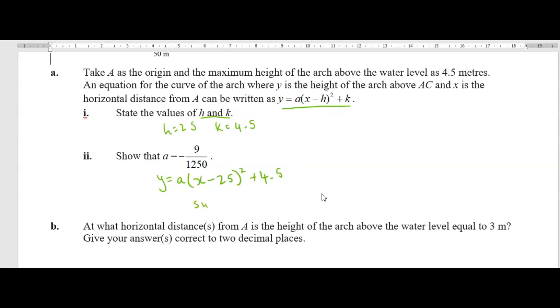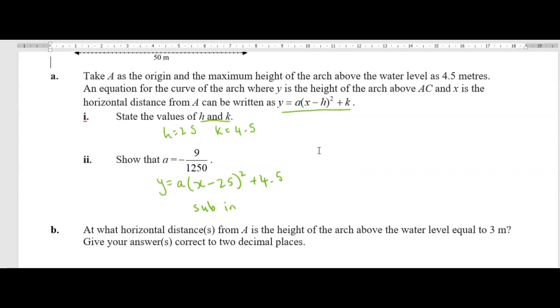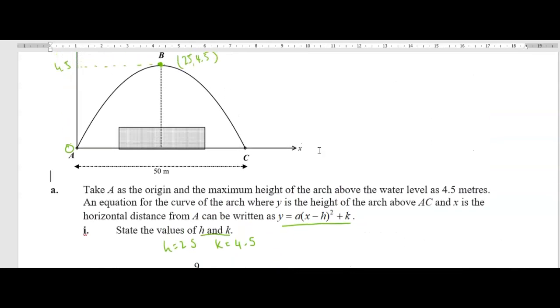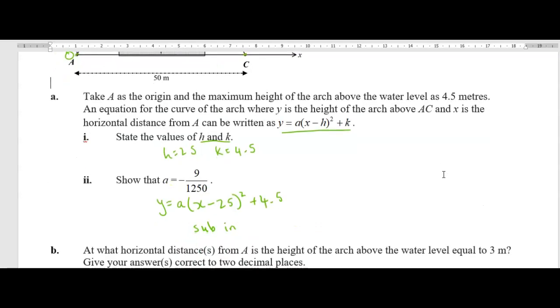Now we need to substitute in another point. There are 2 points we haven't used: 0, 0, and 50, 0. You can use either one, but you can't use the turning point because we've already used it. 0, 0 is easy peasy, so let's use that one. Sub in 0, 0.